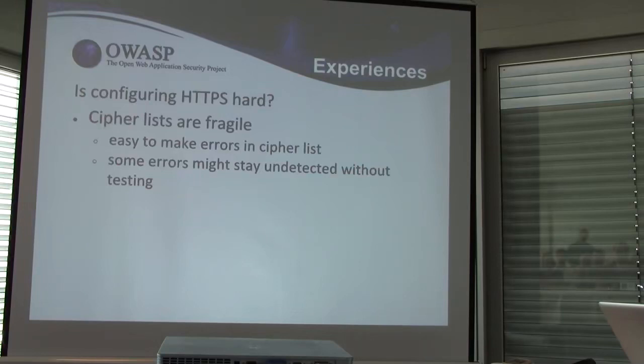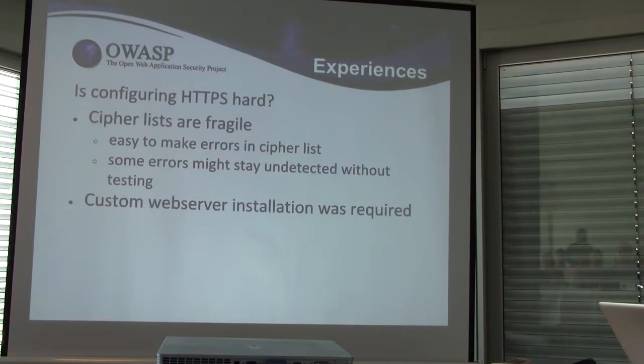We took a few cipher lists from the internet, put them in our configuration, and started testing, and it didn't do what we expected because there was a typo in it. Nginx then falls back to the standard configuration because something is not identifiable, puts an error in its log, but just starts up with the standard configuration. This kind of thing happens. So it's very fragile, and it's very important to test it thoroughly.